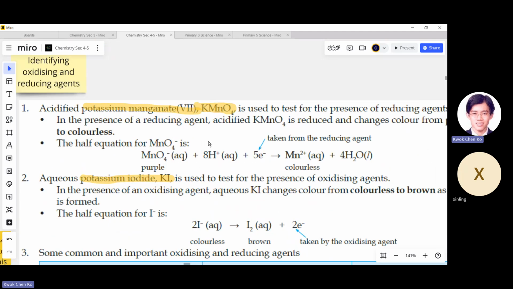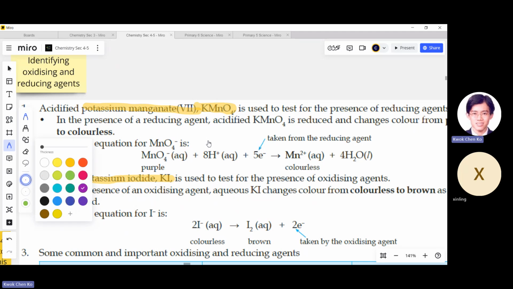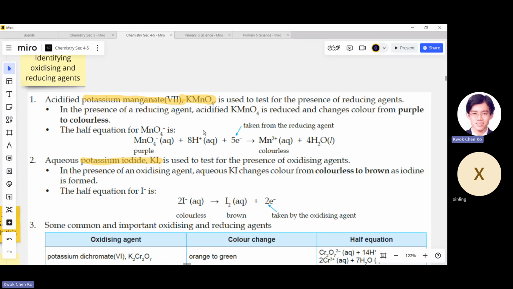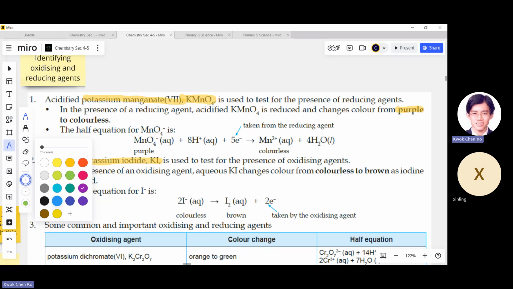Now, guys, I want you to remember, from now till your O levels, KMnO4 is purple. Anytime you see a purple solution for O levels, 100% it is KMnO4. The other thing you may want to add into your notes is that it's a strong oxidizing agent.